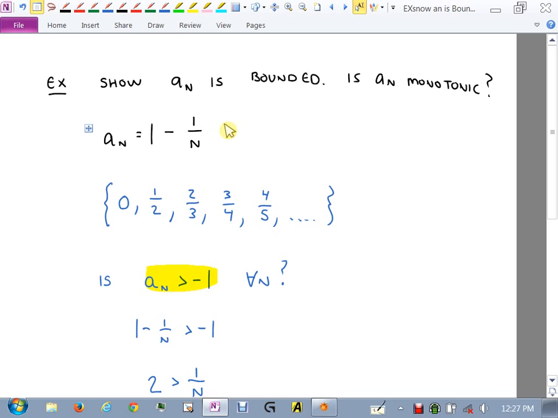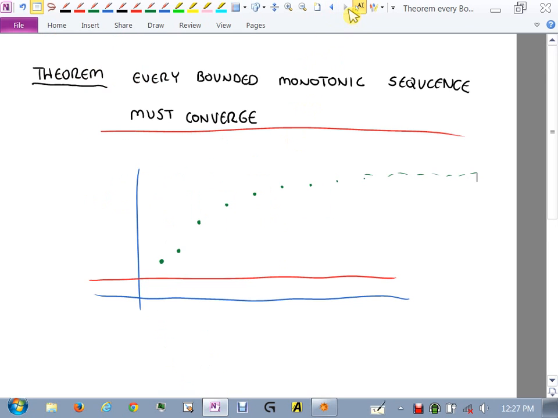Now in this one you can tell what it converges to because what's 1 over infinity? It goes to 0. 1 minus 0 gets close to 1. So this is converging to 1. The importance of this theorem is that sometimes you can't tell where a sequence is actually going, but you can show it's bounded and you can show it's monotonic. So you know it converges, but you know nothing about what it converges to. And sometimes just knowing it converges is enough. That's enough for us. All right?